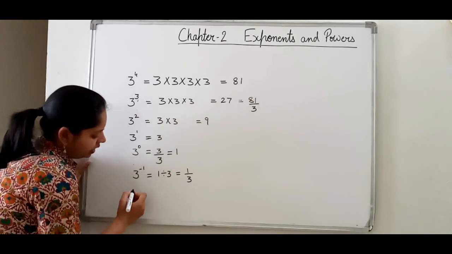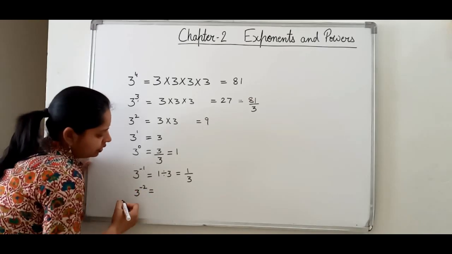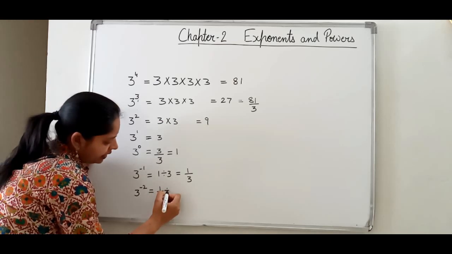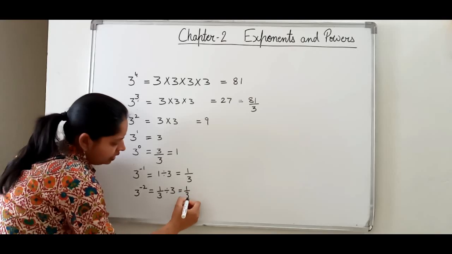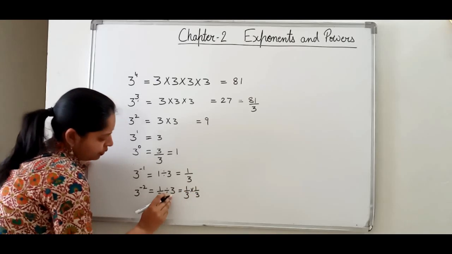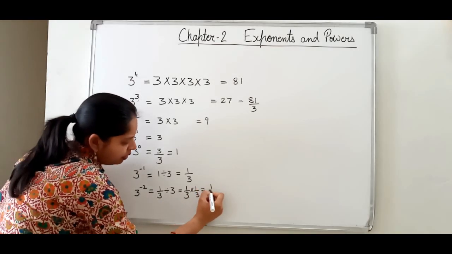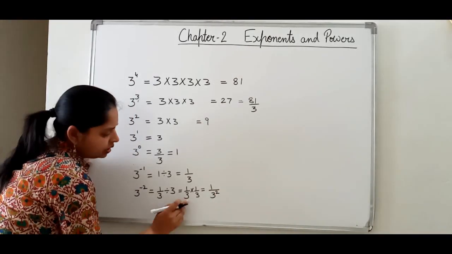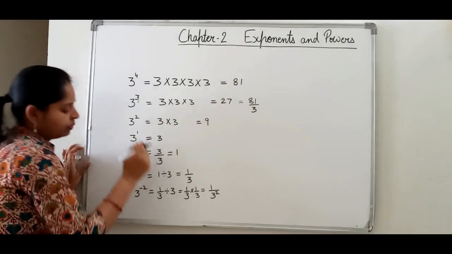If we move further, 3 to the power minus 2 will be equal to what? 1 upon 3 divided by 3, which will be equal to 1 upon 3 multiplied by again 1 upon 3, because reciprocal of 3 will give you 1 upon 3 only. So your answer is 1 upon 3 to the power 2. Right? Because 3 into 3 is how much? 3 to the power 2.